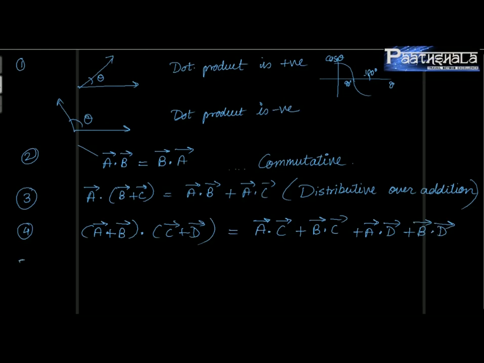If you take the dot product of A with itself, then you get the square of the magnitude of A, because this is equal to A cos 0, that is equal to A square.